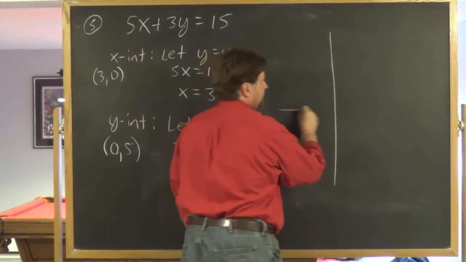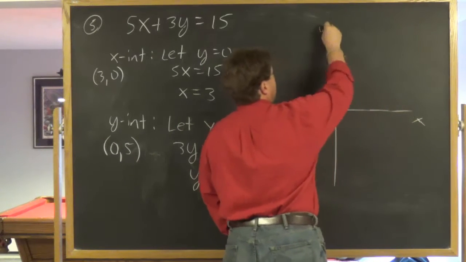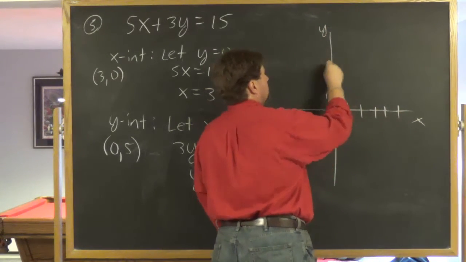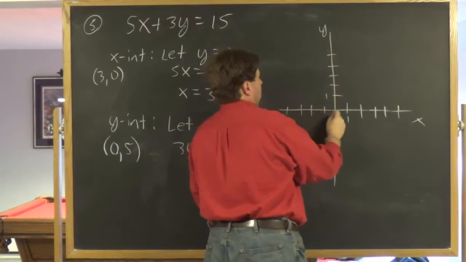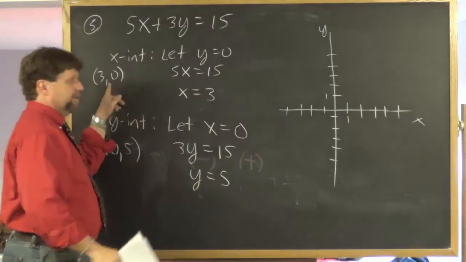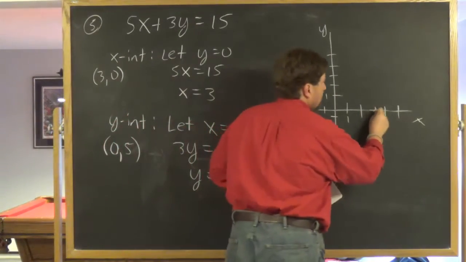So let's see if I can get a decent looking graph here. I'll plot the x-intercept. The x-intercept is (3, 0), so that's right here.